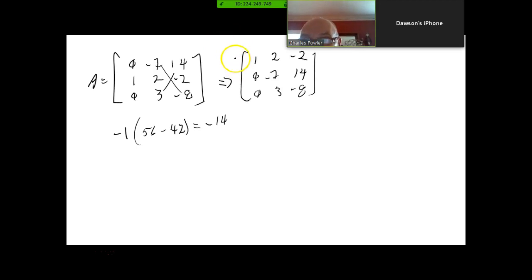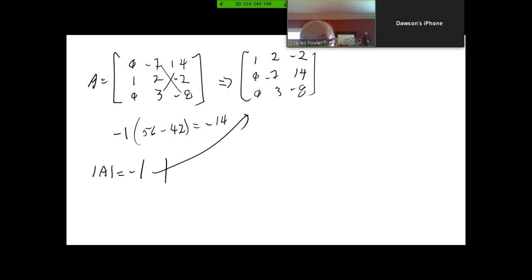Okay, what that did, it made the determinant of A the negative determinant of this thing. You see, because we exchanged a row.